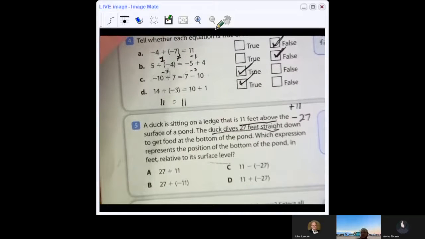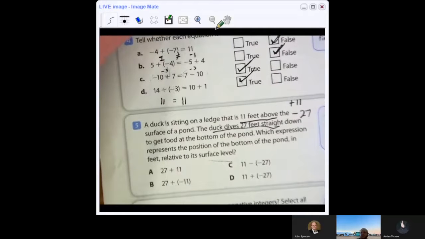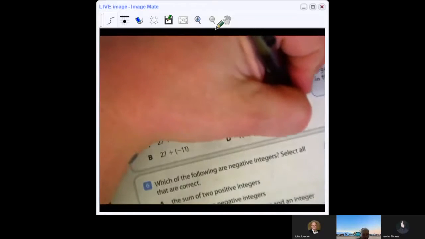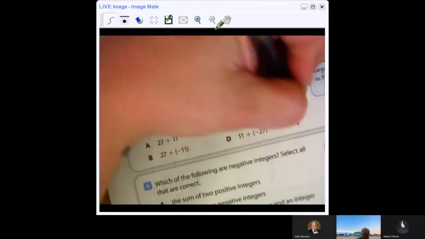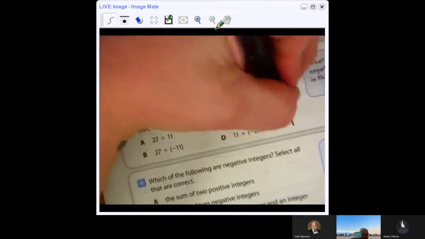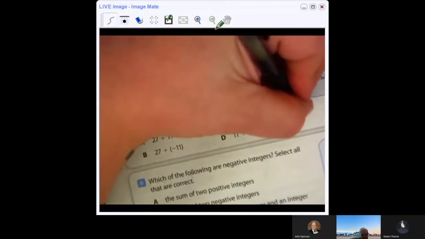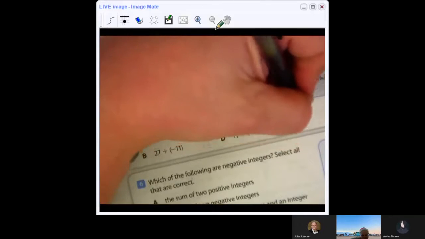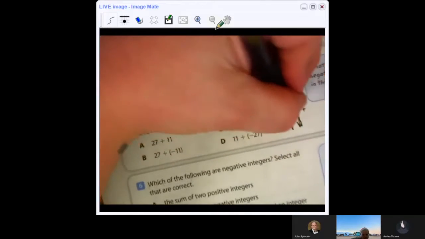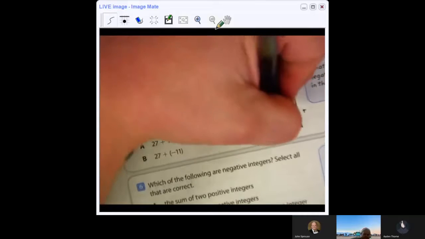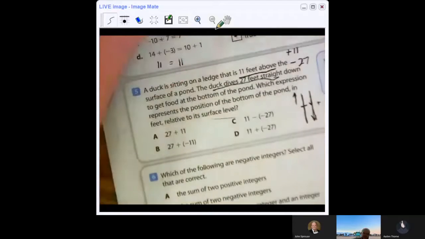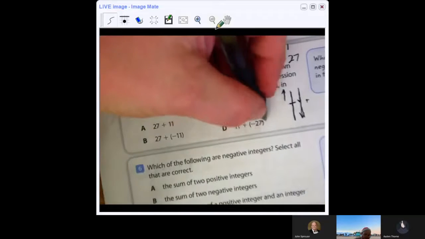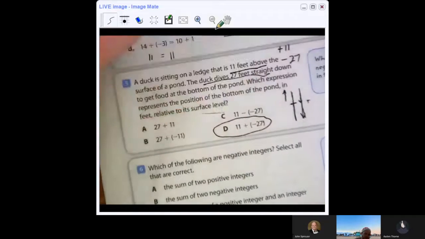So if we wanted to figure out exactly how deep that pond was, we would need to figure out how far that duck traveled down. I'm going to add it to how far the duck was up originally. So the duck went down 27 feet, but he was originally up 11. So our answer is going to be D.